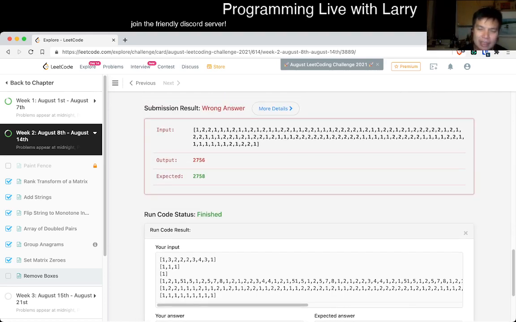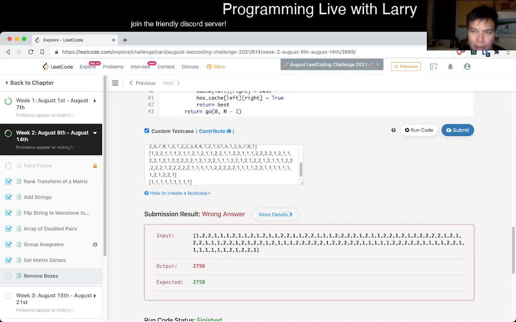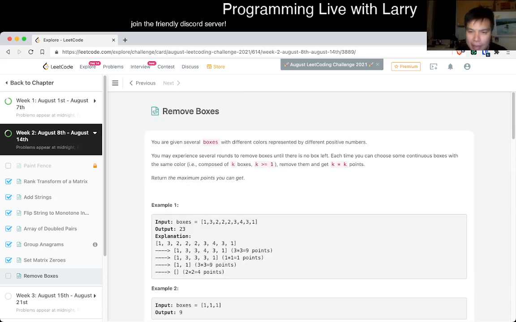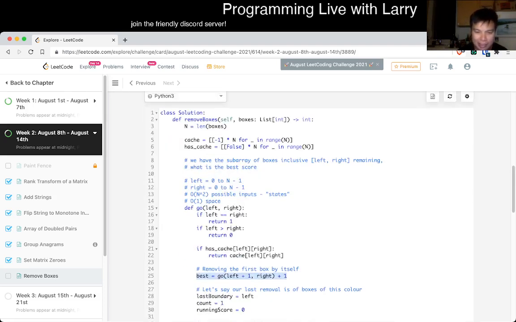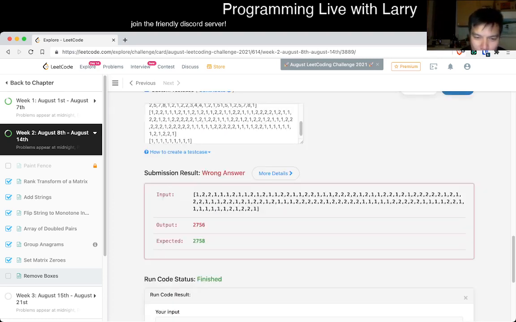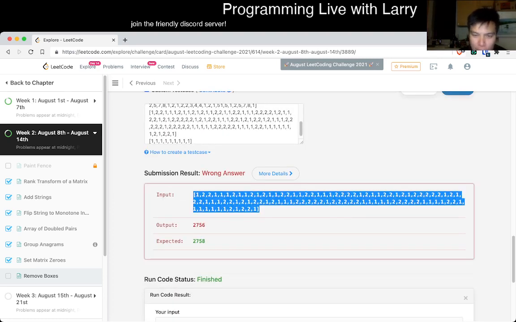So what I was going to say is that maybe we didn't look at the constraints enough, in that you're forced to remove the same color boxes. So in this case you cannot remove 1 2 by itself. You have to remove 2 2s.